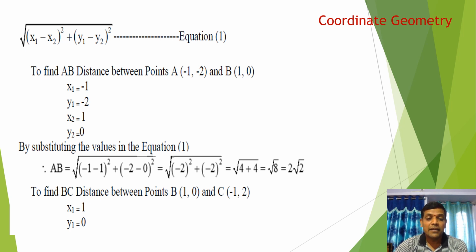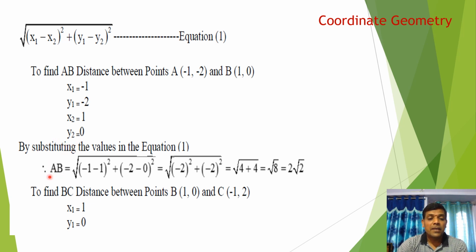So let us find the distance between A and B. Here A is (-1, -2) and B is (1, 0). So write down the coordinates: x1 equals -1, y1 equals -2, x2 equals 1, y2 equals 0. So replace the coordinates in the given distance formula.